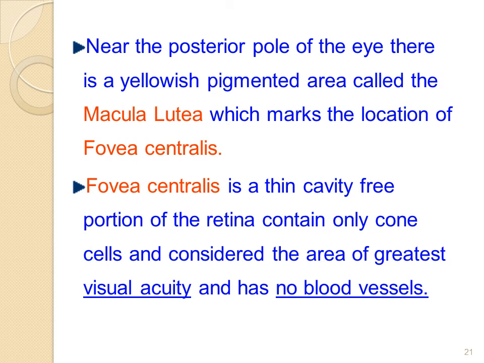Near the posterior pole of the eye, there is a yellowish pigmented area called the macula lutea, which marks the location of the fovea centralis. What is the fovea centralis? It is a thin, cavity-like, vessel-free portion of the retina that contains only cone cells, without rods, and is considered the area of greatest visual acuity.